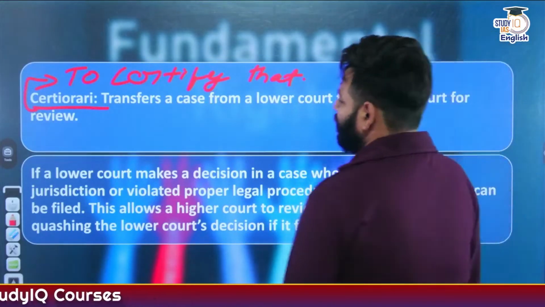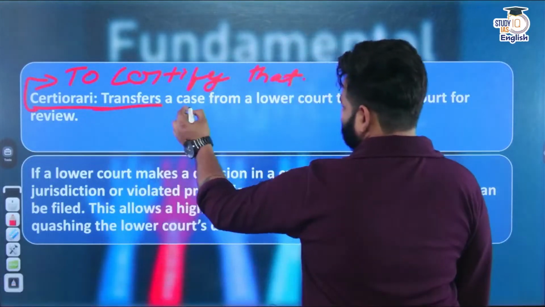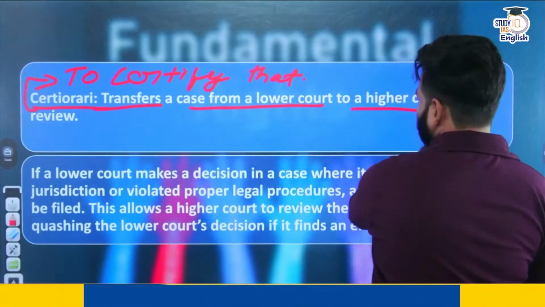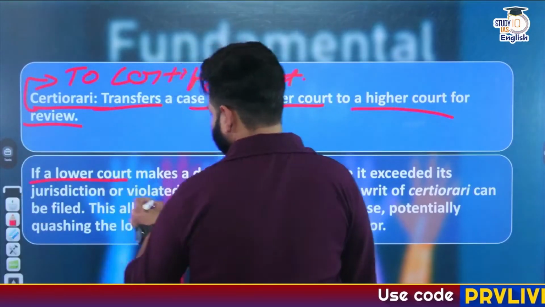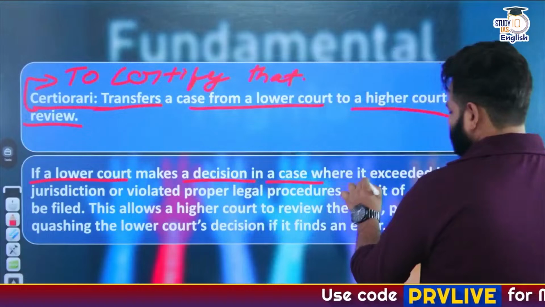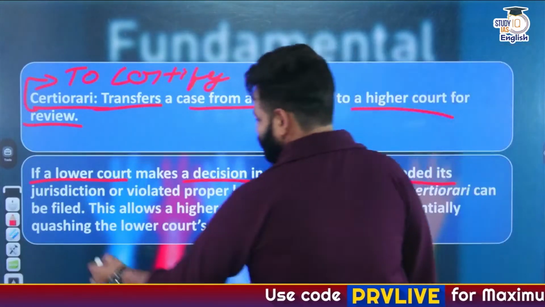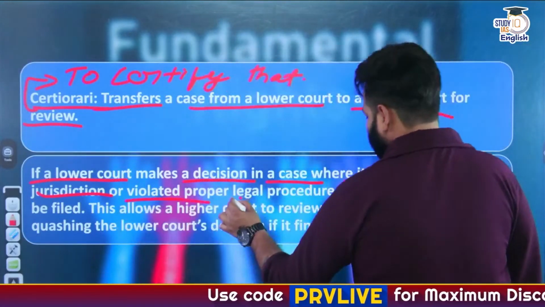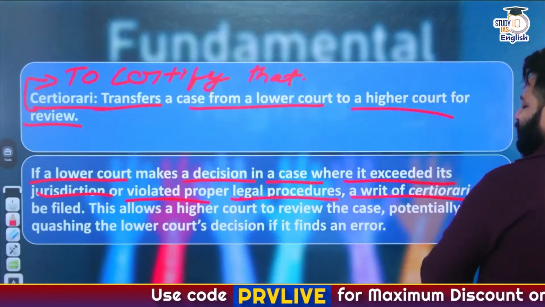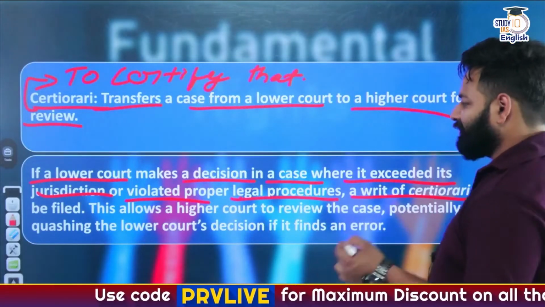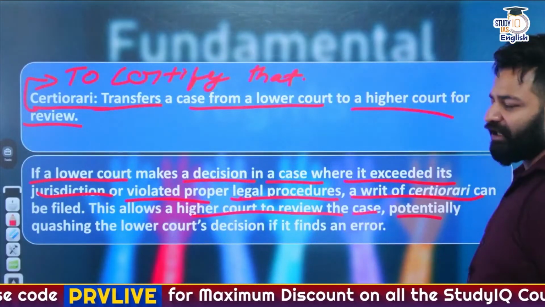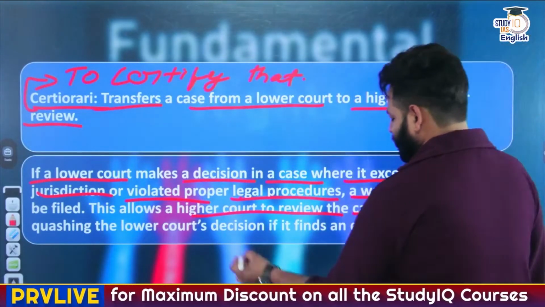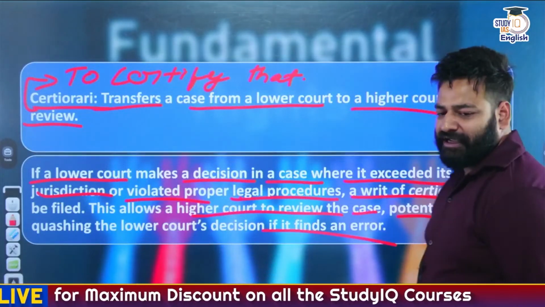So what happens here? It transfers a case from a lower court to a higher court for review. So if a lower court makes a decision in a case where it exceeded its jurisdiction or violated proper legal procedures, a writ of certiorari can be filed, and this allows the higher court to review the case, potentially quashing the lower court's decision if it finds any sort of error.